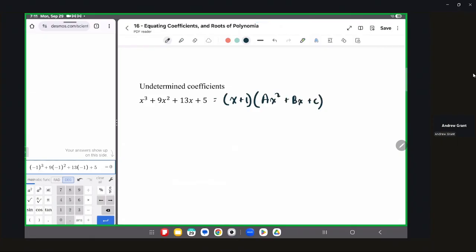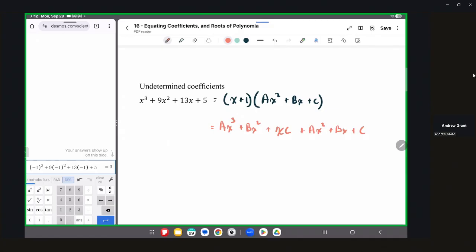And so if we were to multiply these things out, x times ax squared would be ax cubed. x times bx would be bx squared. x times c would be just x times c. And then we have 1 times that quantity. So we can add on ax squared plus bx plus c.